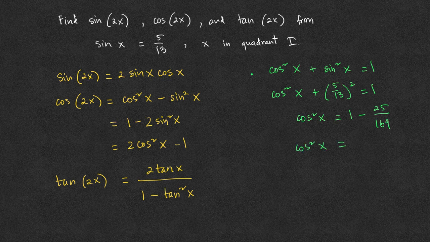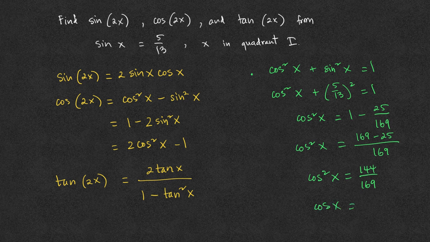Cosine squared of x is therefore, with the common denominator of 169, we multiply 169 over 169 to 1 to get 169 minus 25 in the numerator. 169 minus 25 is 144. The denominator is still 169, and this is cosine squared of x.